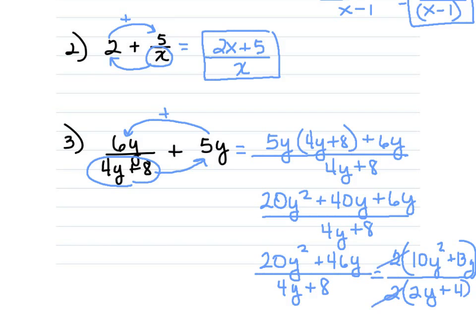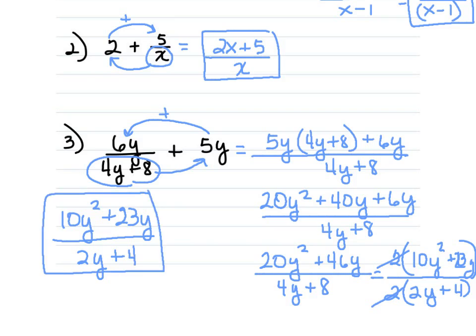So my simplified expression is 10y squared plus 23y over 2y plus 4. And that would be a simplified expression.